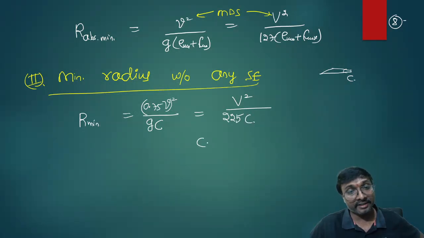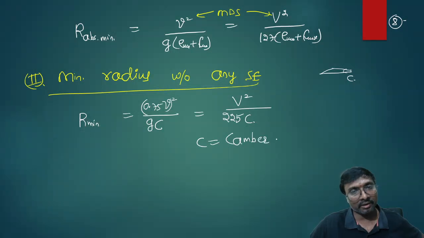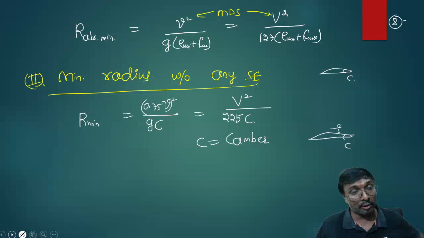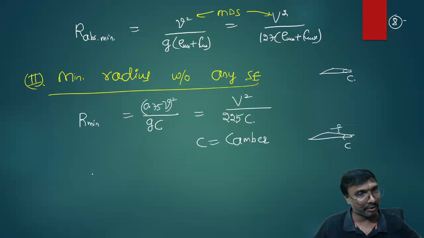So what is that c? That c is your camber. Camber is mainly provided for which purpose? To take care of the drainage. This is your camber slope. Even though super elevation is not provided, camber will be present. Camber will now take the duty of the super elevation.